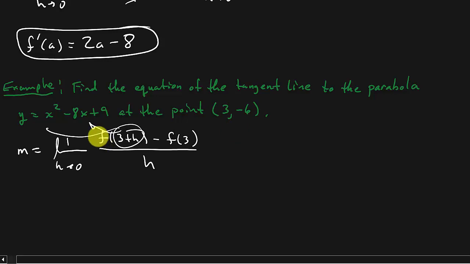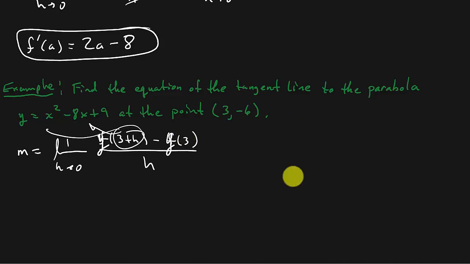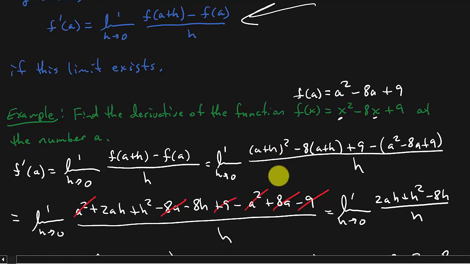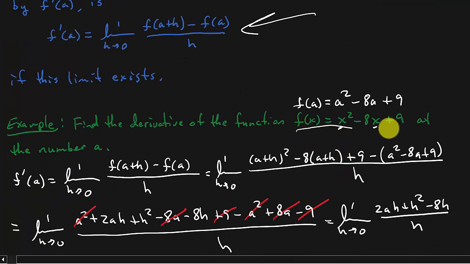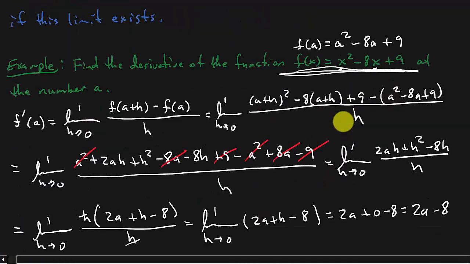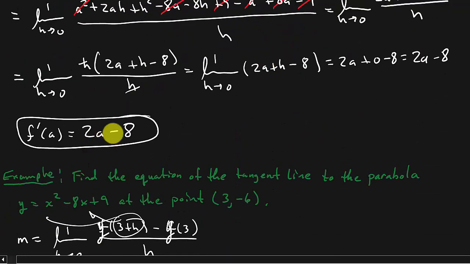Now, I know this is y, so it'd be y of that, and you would have to go through all that process there. But see, finding the derivative at some number a, just any number, did you notice that this is the same function and we found the derivative at just some number a and we ended up with this?